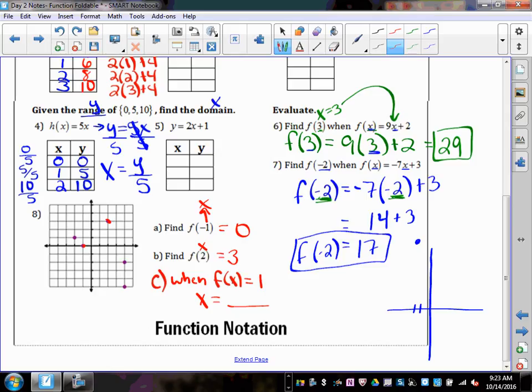Your y value. F of x as a whole is your y value. So this is saying when y equals 1. Okay, so let's go to where y is 1. Right here. What is your x value? Yeah, negative 2. So when f of x equals 1, it's saying when y equals 1, what does x equal? Negative 2. This guy right here.